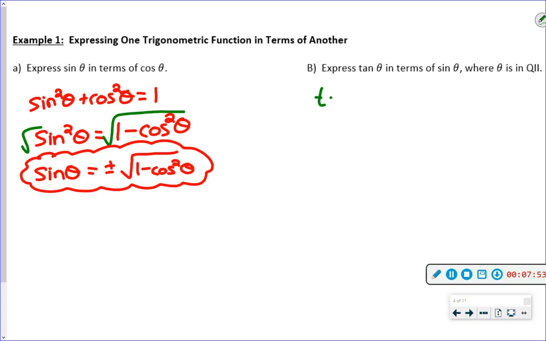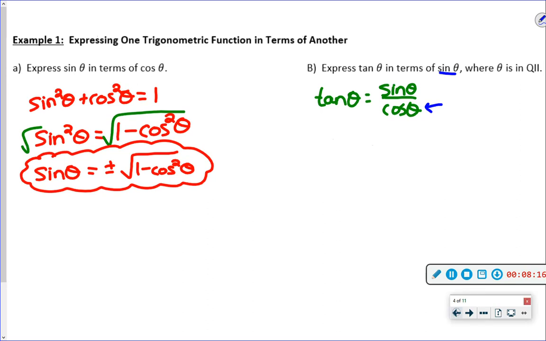So I have tan of theta equals sine over cos. Okay, now I'm like, oh gosh, I'm still not done, because in terms of sine means I need to do something with the cosine. We need to replace the cosine with something.